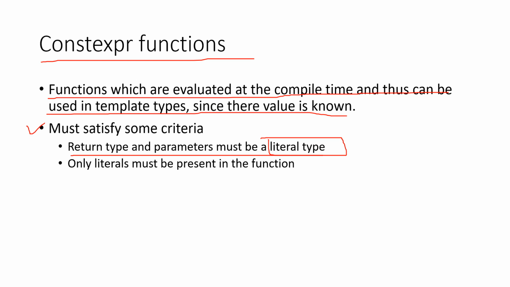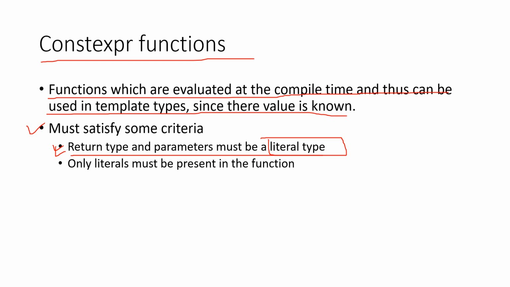Okay, so if you don't know some value before you are compiling, before you are running the code, then how can you make the function constant or return a value which you know? That's why the return type and the parameters of the function must also be of a literal type.